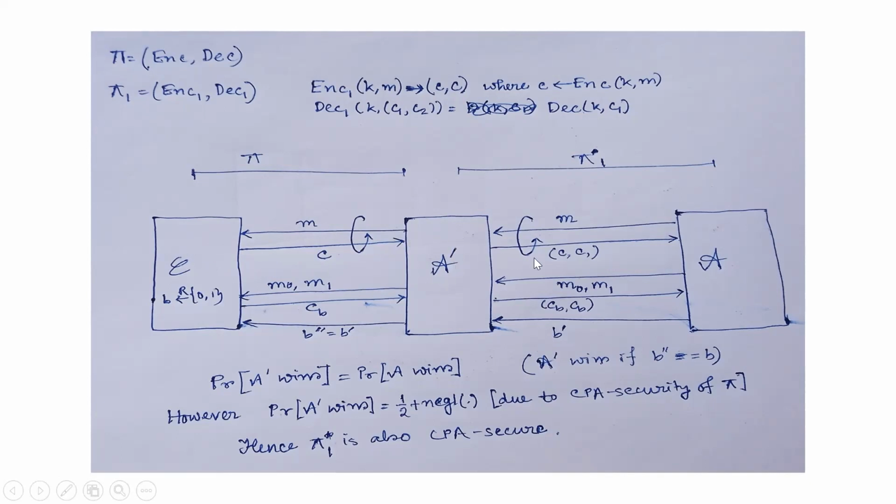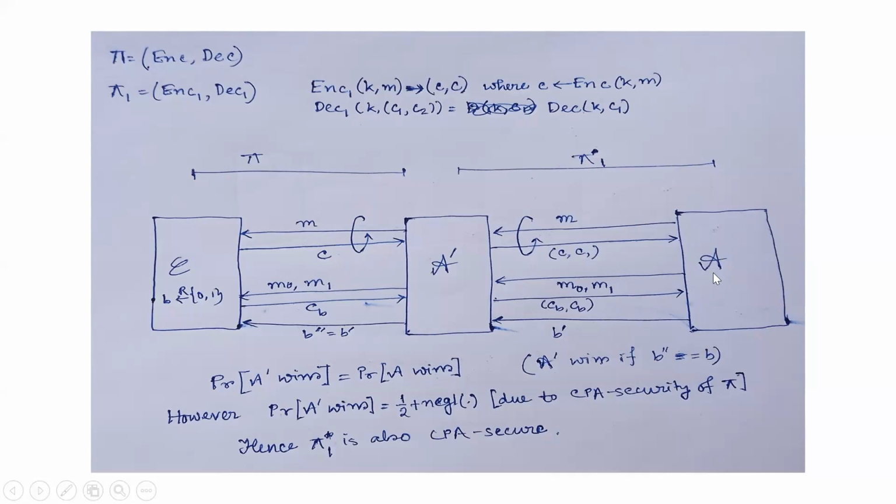And what A dash does is that it just provides two copies of C, that is C comma C, as the ciphertext corresponding to the encryption scheme pi1 to A, right? And this encryption oracle service runs a polynomial number of times, as you know.